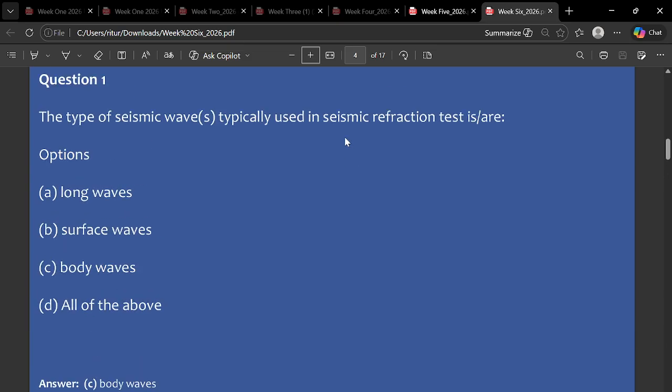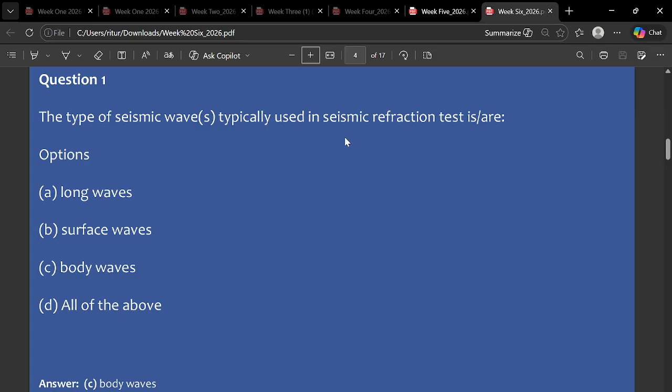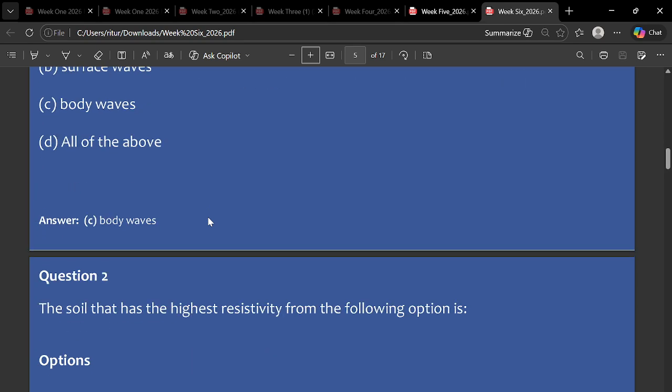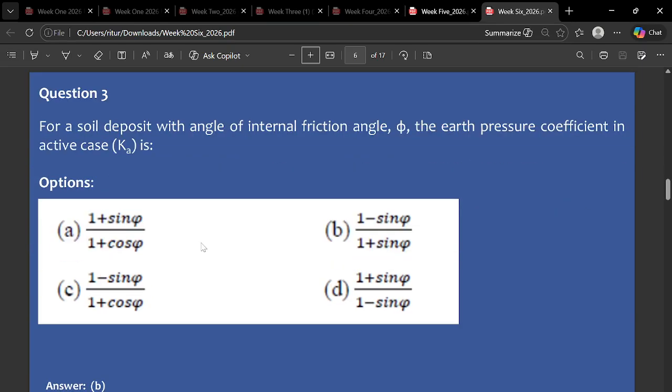Week 6 again has some questions related to soil investigation techniques. These are more about geophysical soil investigation techniques, analyzing different seismic waves to understand the properties of the soil beneath the ground. And if you are given a certain internal friction angle, how can you calculate the earth pressure coefficient?